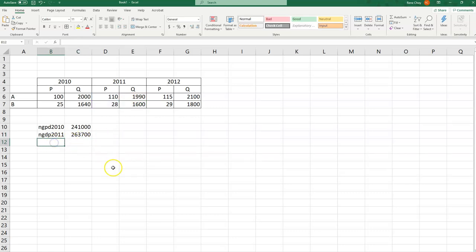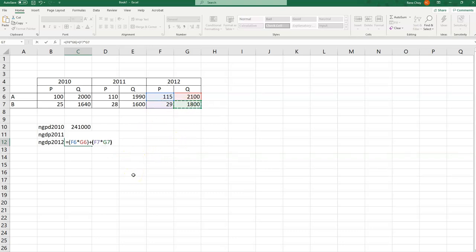If we were to calculate nominal GDP for the year 2012, we will take the information from 2012 and do price in 2012 times quantities in 2012 for A, and then we add price in 2012 times quantities in 2012 for B, and that's our number.